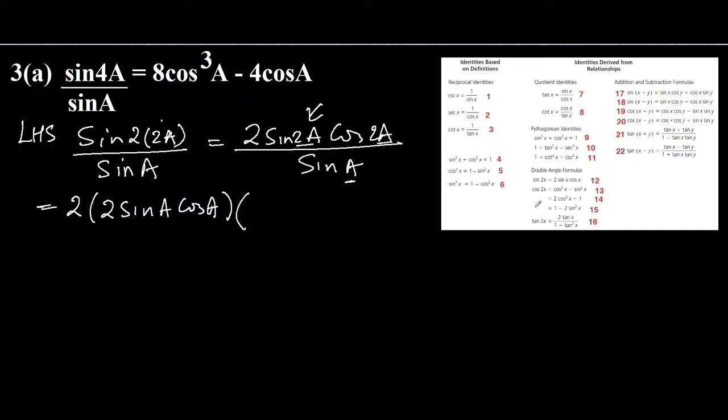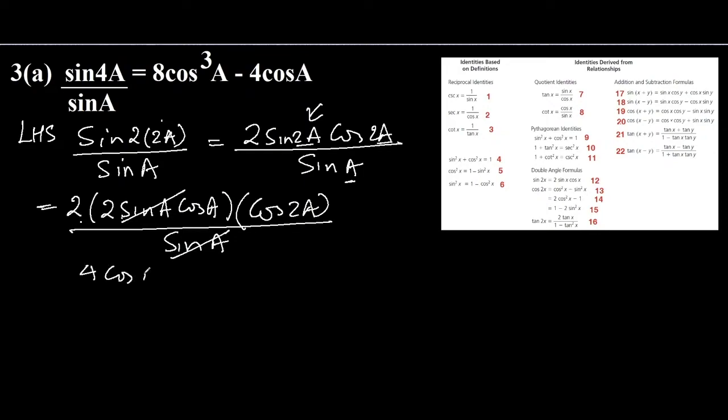Cos 2A has three equivalents, so we'll wait for it. Keep cos 2A as cos 2A. We'll see which one will help us. Sine A over sine A: this sine A cancels, so we are left with 4 cos A cos 2A.